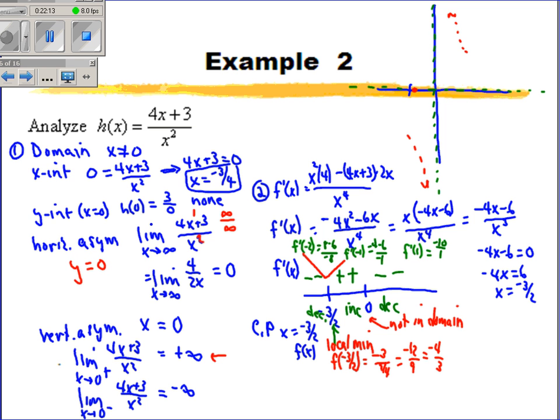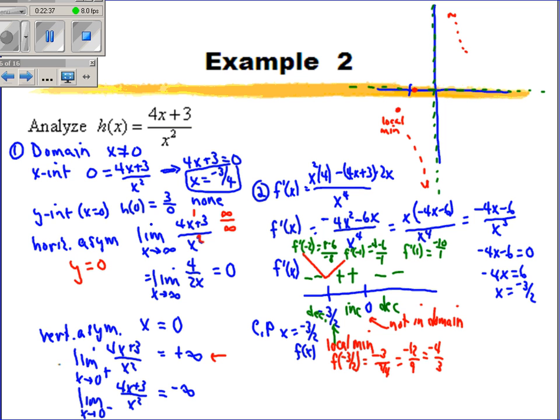That's the y value that goes with -3/2. So put the point -3/2, -4/3. So it's going to be down here. That is a local minimum. Okay.